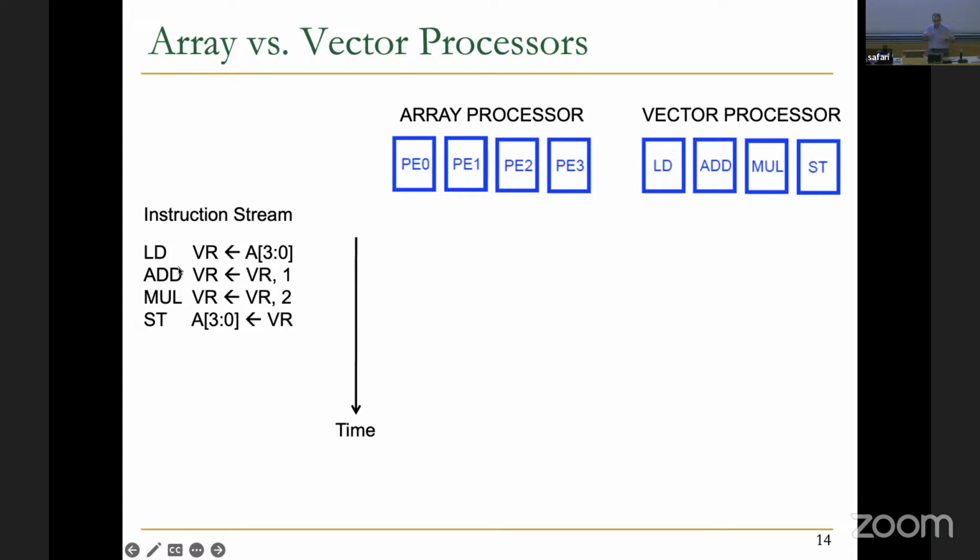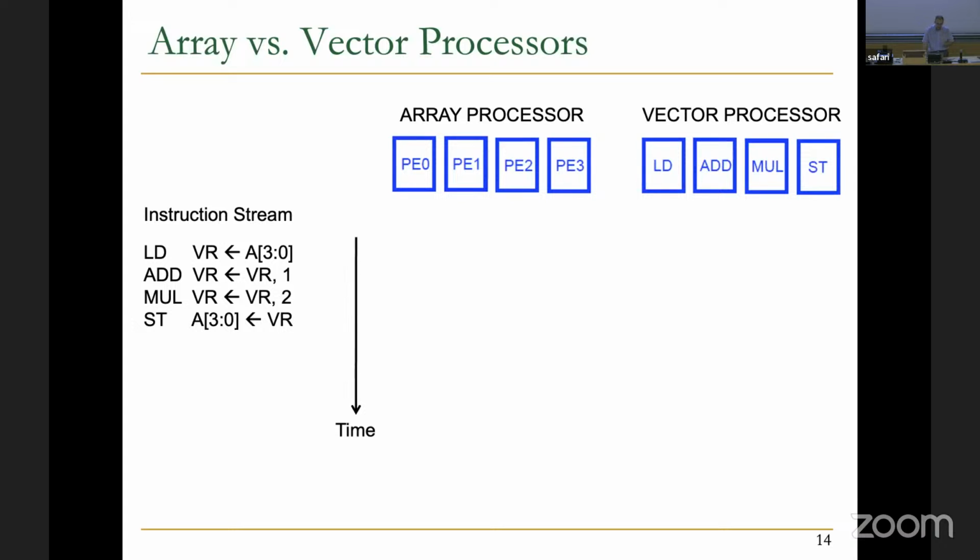Then we want to add 1 to each element, and then multiply each element by 2. You're going to see that we have some dependency here: we need the addition to be done before we can go to multiplication, because these are dependent on each other. We have a read after write dependency here. And after all, we have the store, where you store your vector register to the same array space. Okay, makes sense? This is the simple code.